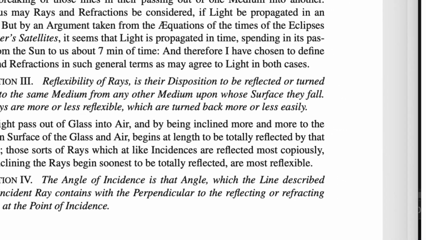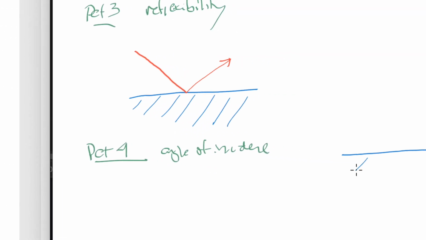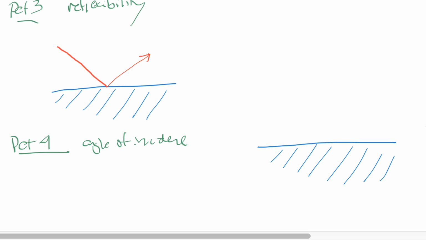So if, once again, I were to draw a surface that a light ray is incident upon or is striking, I'll draw a line like this representing an incoming ray of light. If I were to draw a perpendicular line to that surface at the point of incidence of that ray, then this angle right here, this angle theta, would be the angle of incidence theta.